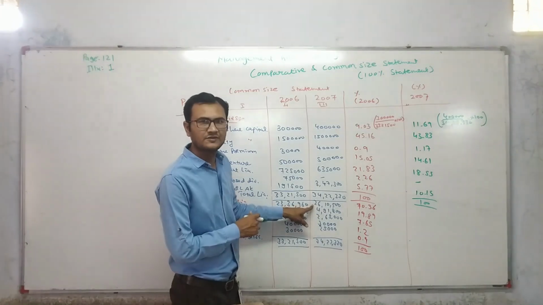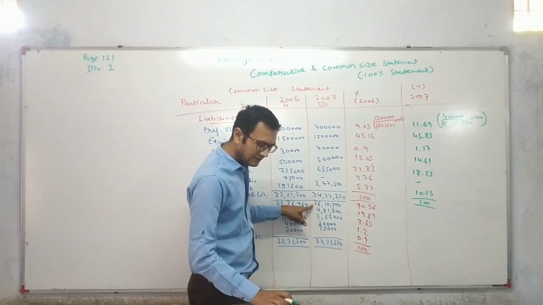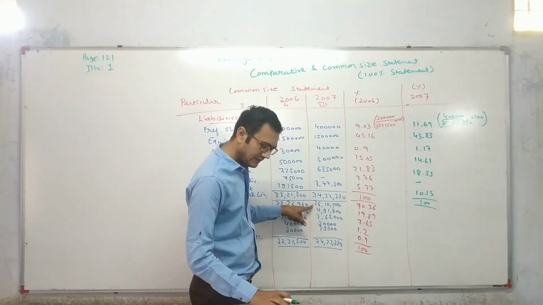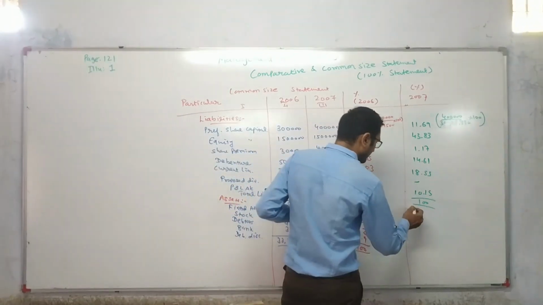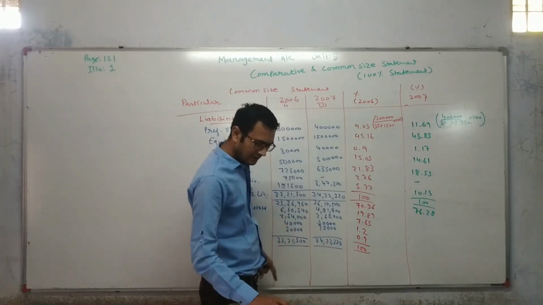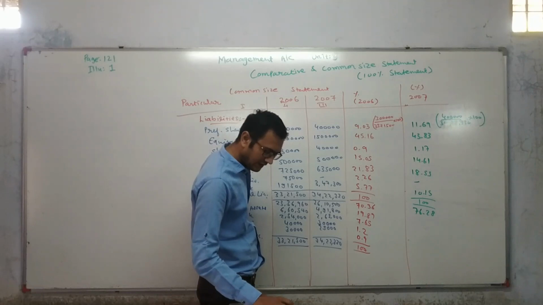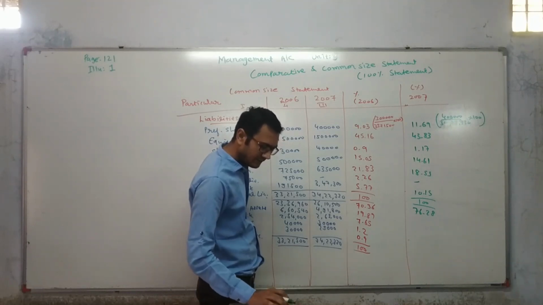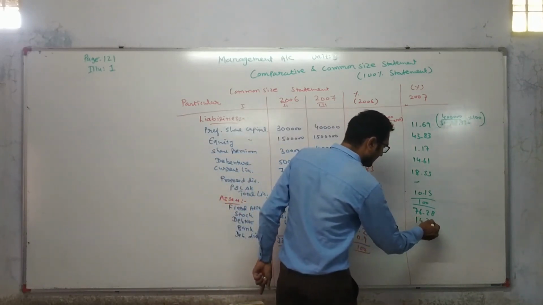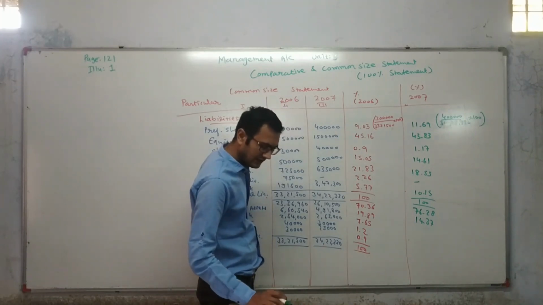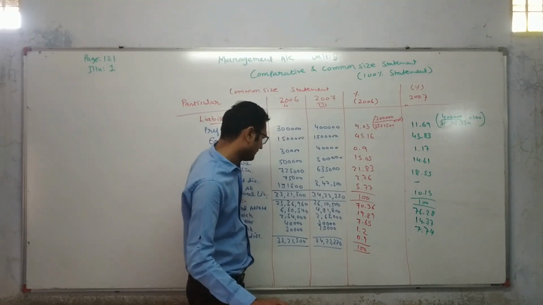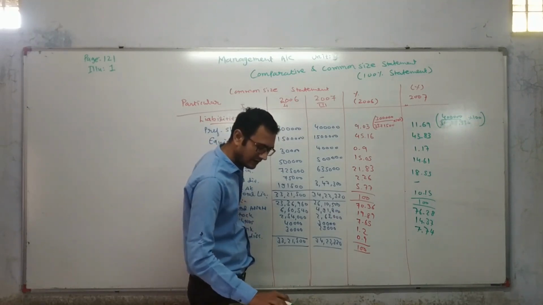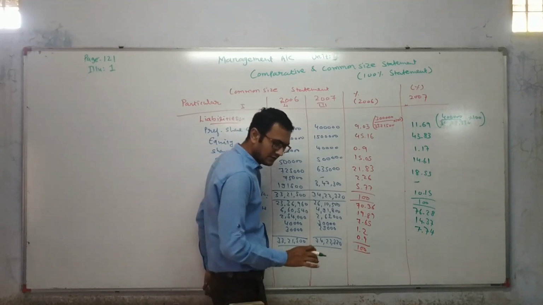Now same process is to be followed for the asset. 26,10,500 divided by 34,22,330 into 100, 76.28%, and 4,91,800 divided by 34,22,330 into 100, 14.37%, and 2,65,000 divided by 34,22,330 into 100, 7.74%, and 30,000 divided by 34,22,330 into 100, 0.88.